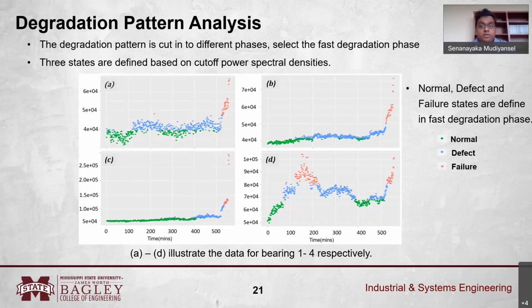In the fast degradation phase, we can have more valuable features than in the normal phase. So we select the fast degradation phase, and we define 3 states. What are these 3 states? We call them the normal, defect, and failure states. In these 3 states, we may define certain spectral density cutoff frequencies.